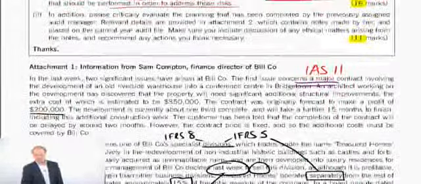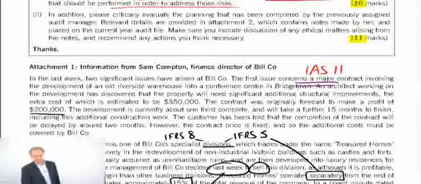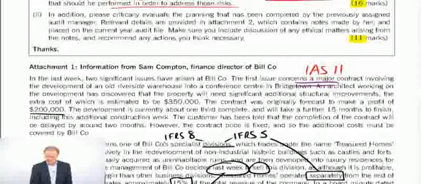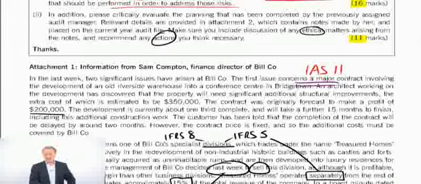Because in part 2, for the other 11 marks out of 27, it says, in addition, please critically evaluate the planning that has been completed by the previously assigned audit manager. Relevant details, attachment 2. Make sure you include discussion of any ethical matters and recommend any actions you think are necessary. So we are testing the quality of the planning that's already been done.